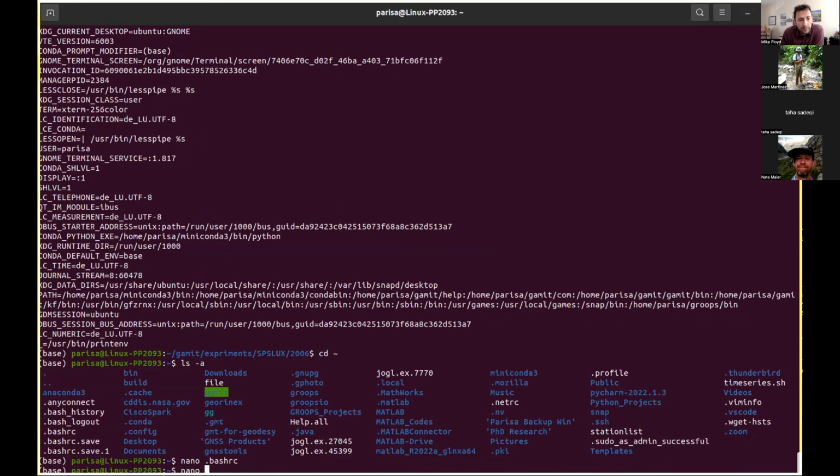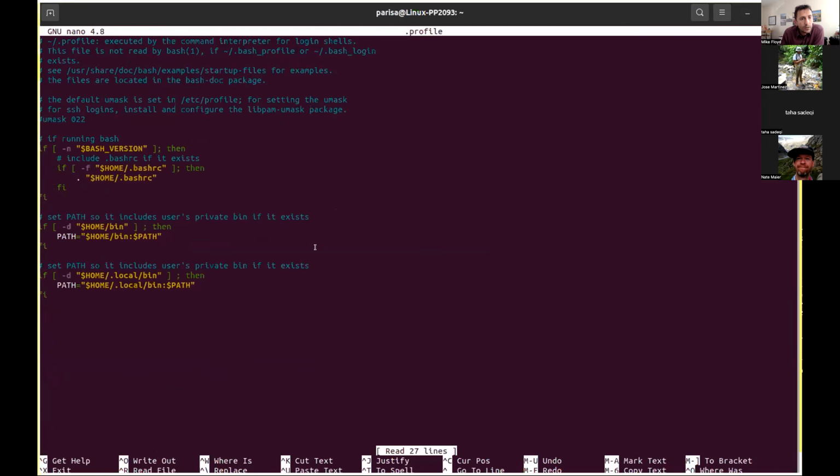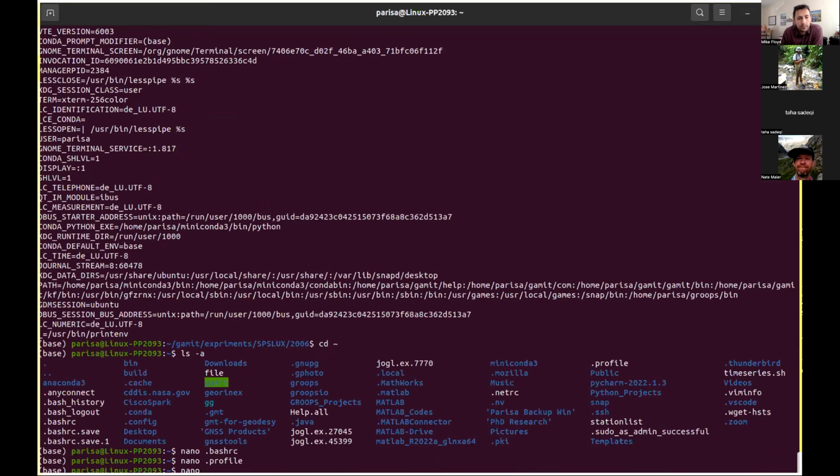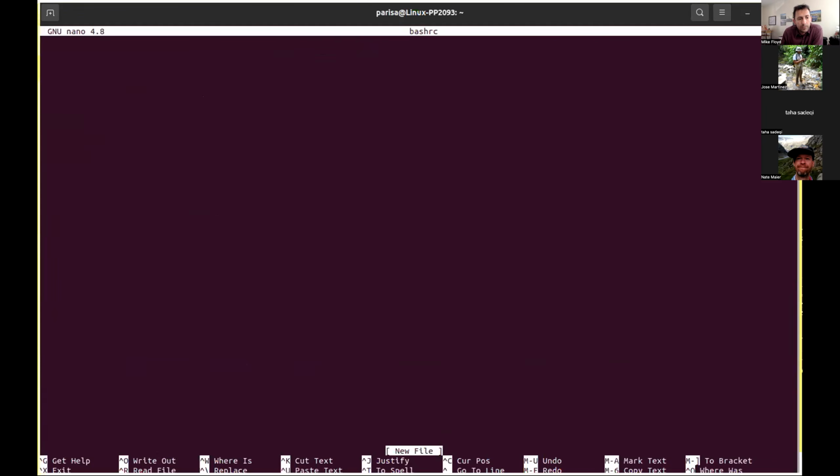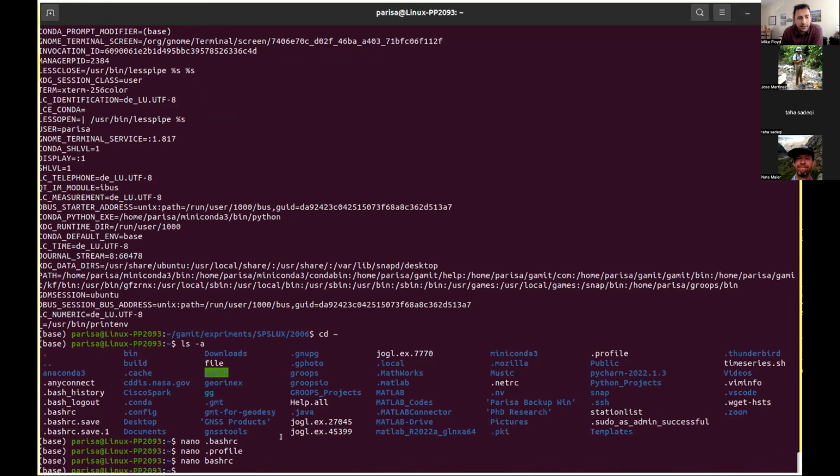Okay, great. Yeah, so this will load bashrc anyway. So let's go and edit .bashrc. The dot at the beginning, yes.